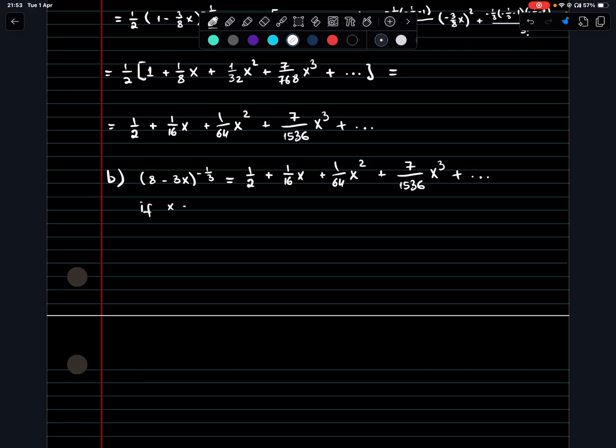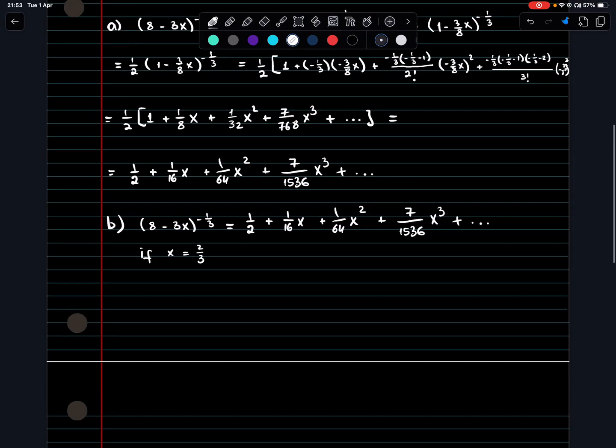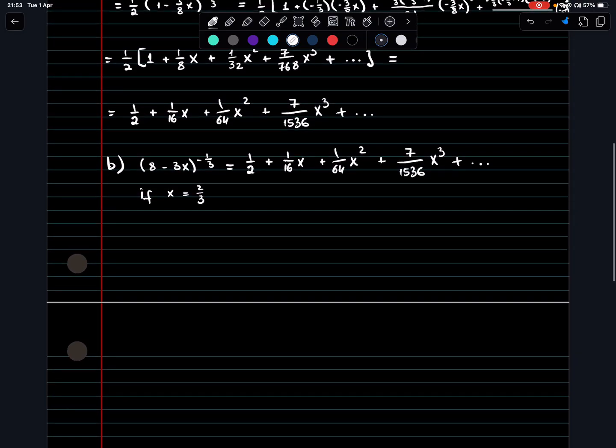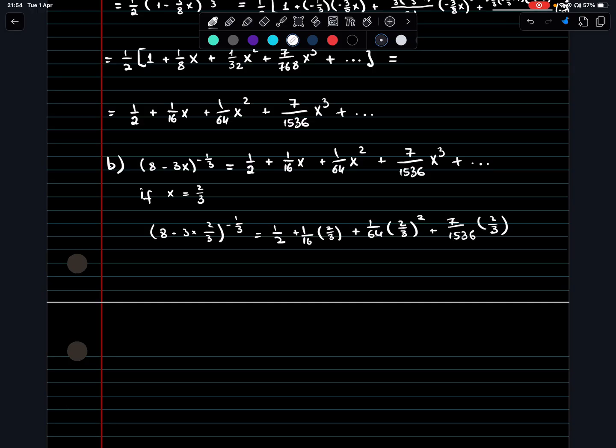If x equals 2 over 3 and I substitute this, that's 8 minus 3 multiplied by 2 over 3 to the power of negative 1/3, which is 1/2 plus 1 divided by 16 times 2 over 3, and then plus 1 over 64 times 2 over 3 squared, and 7 divided by 1536 times 2 over 3 cubed.